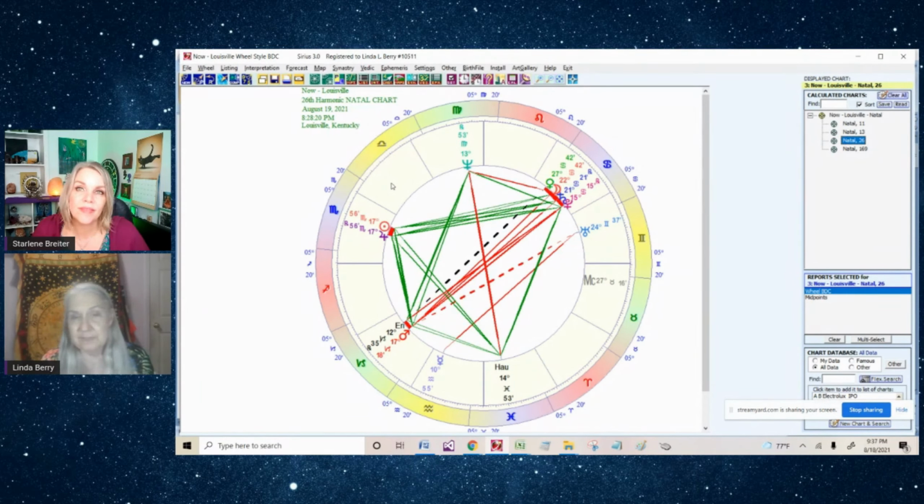In 13, the person is digging down deep inside of themselves to find what is special or unique about them. They don't really think of it as special. A lot of 13s don't like that word because it's like they're better than somebody else.